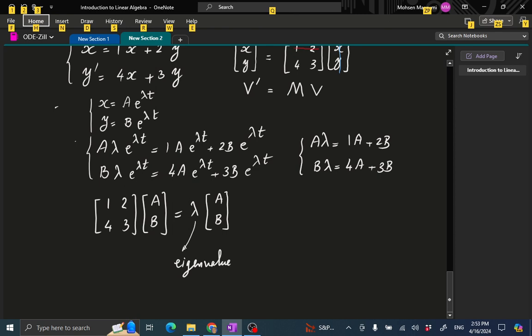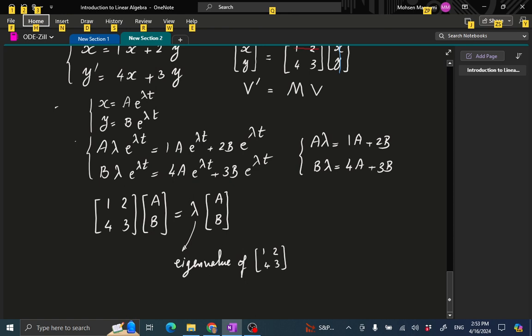Here we are using it for solving differential equations, but the same concept shows up in many other places. Eigen is German for special, so this is a special number that is connected to this matrix. This is an eigenvalue of the matrix 1, 2, 4, 3.